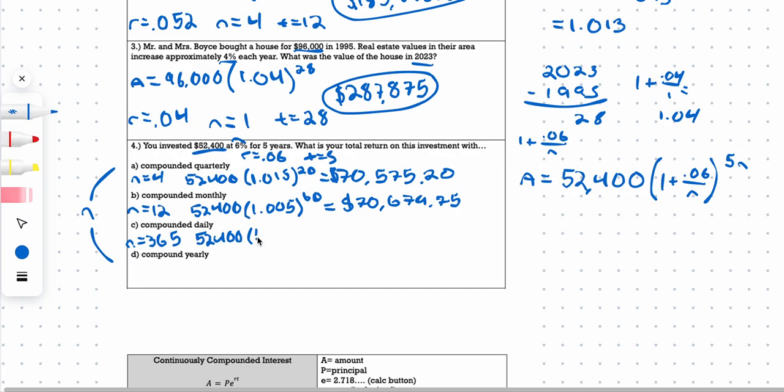So if we figure that out, plus 1, that's going to be 1.000164. Sorry, a lot of decimal places. Maybe we overdid it, but it's alright. Yeah, that should be good. And now we do n times t. So 365 times 5 is going to be something around 1,825.